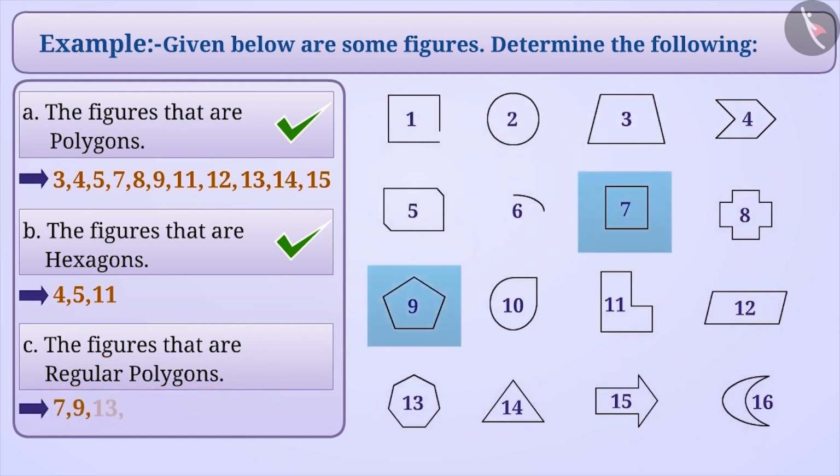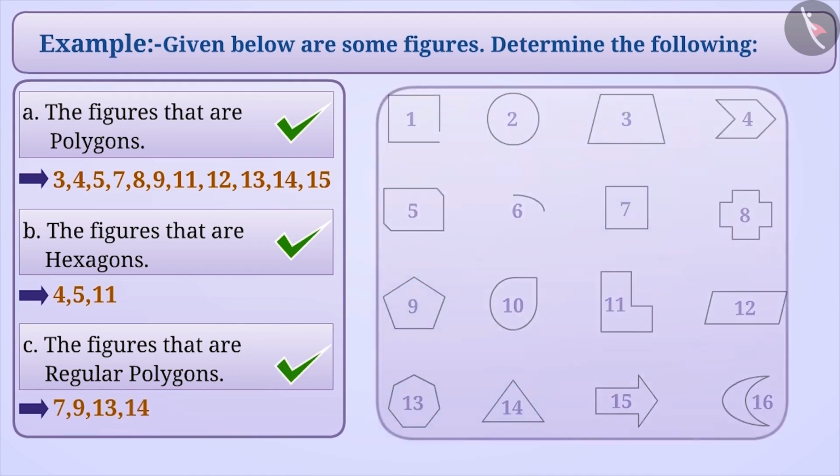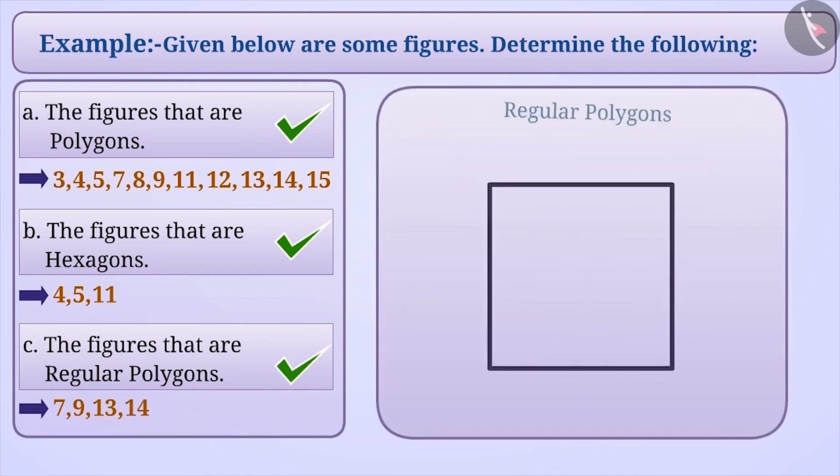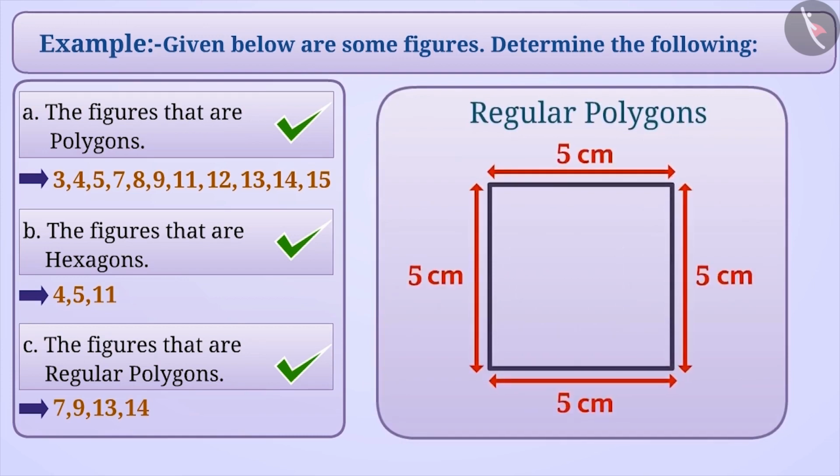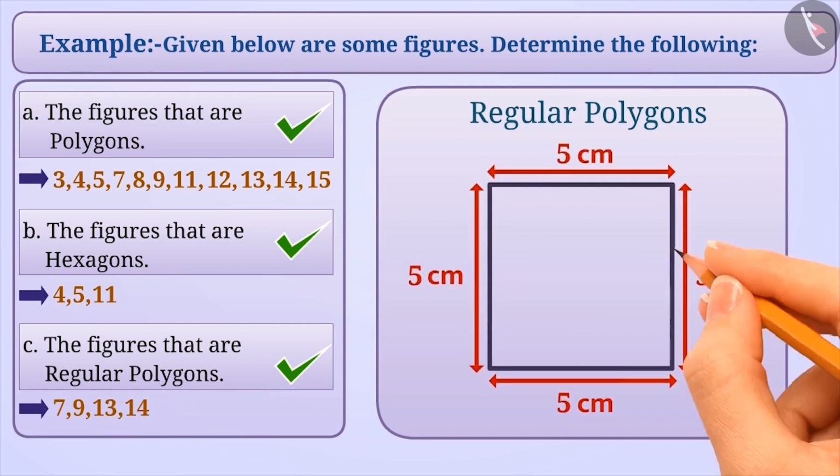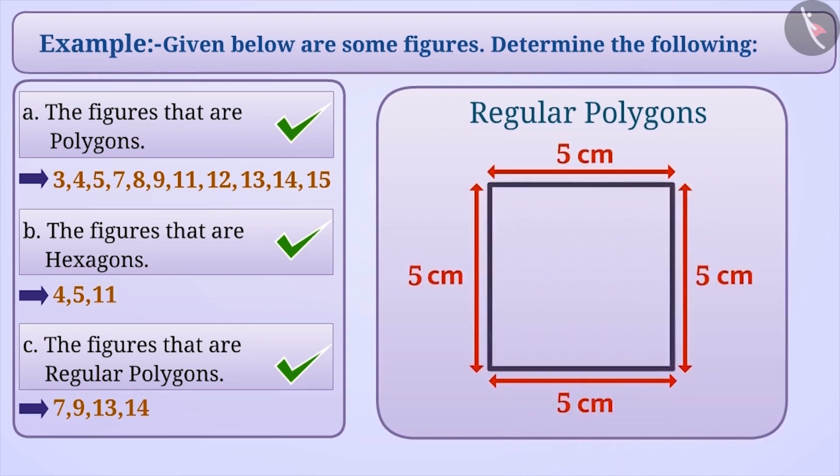Similarly, if we talk about the figures 9, 13 and 14, then they also appear to be regular polygons. Note that whether or not a figure is a regular polygon can be determined only when its sides and angles are equal. It is best to measure the sides and angles to find that out.